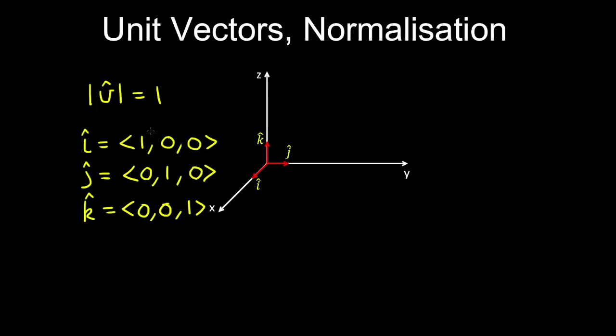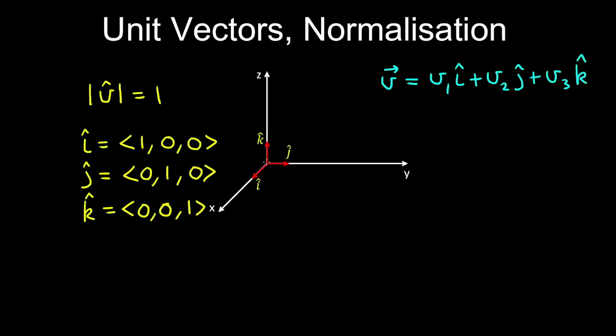And generally, we can write any vector v as a linear combination of the standard basis vectors. So we have the first component in the x direction, plus a second component in the y direction, plus a third component in the z direction.